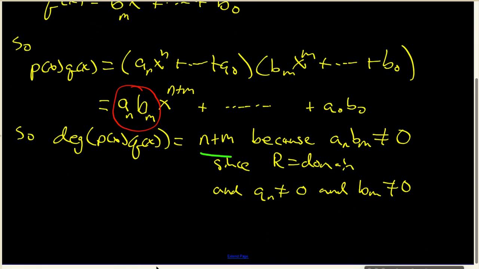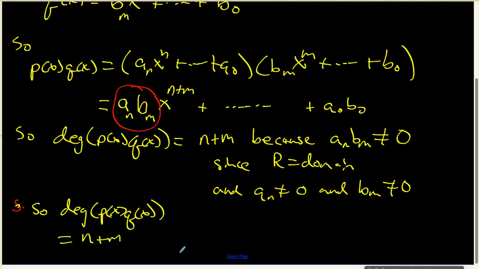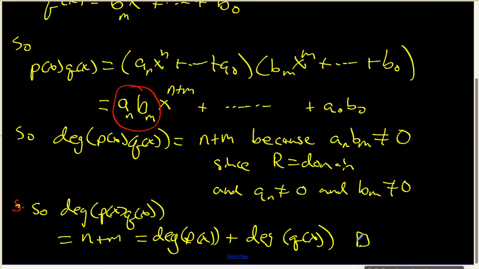So what we've got now is, the degree of p times q is indeed n plus m, but n is just the degree of p, and m is the degree of q, and so that ends the proof.